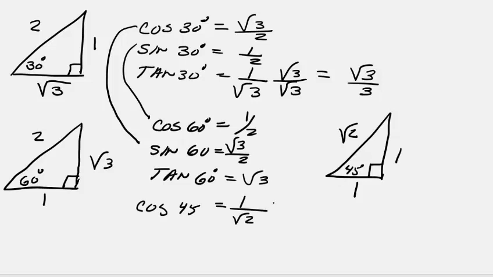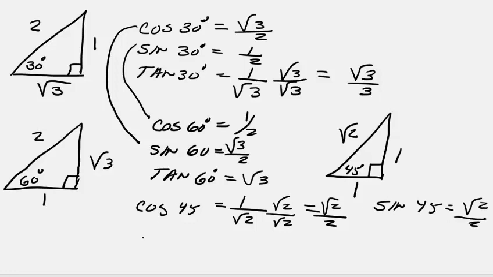Again, we don't like the radical in the denominator, so we do this. And if you notice on the unit circle, if you've done that, this is the value you're going to get. The sine is the same thing, so the sine of 45 degrees is equal to the square root of 2 over 2. And what is the tangent of 45 degrees? It's going to be opposite over adjacent, which is equal to 1.